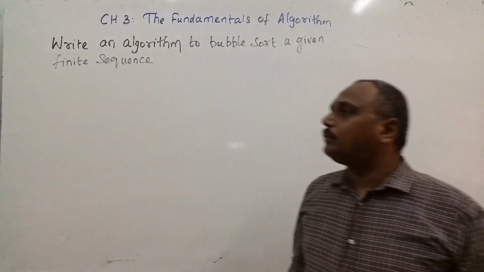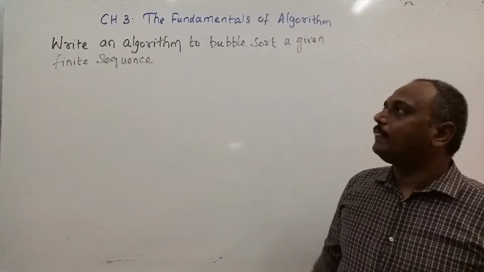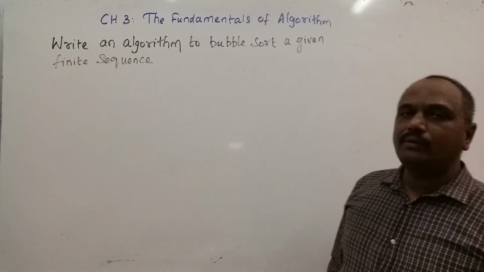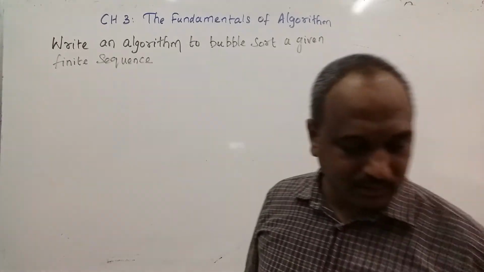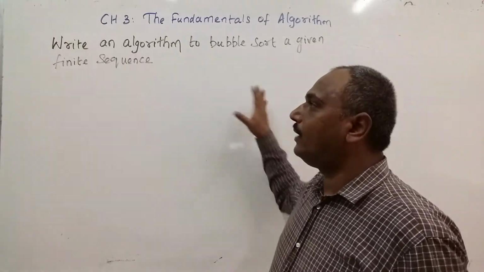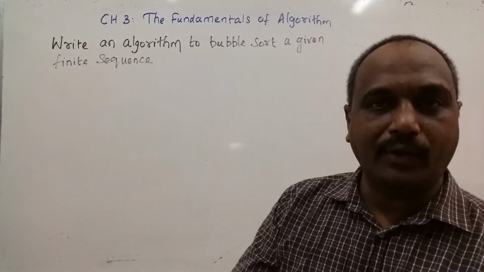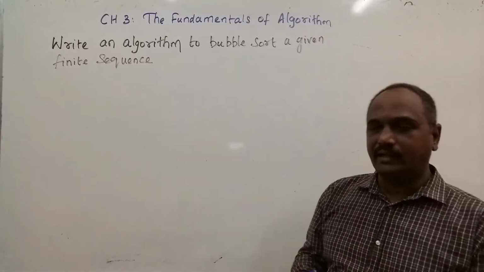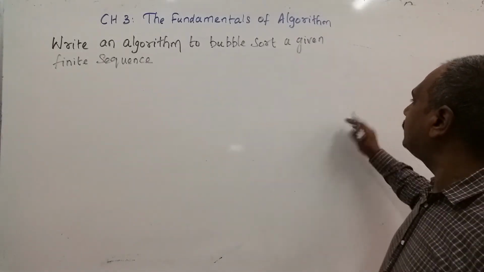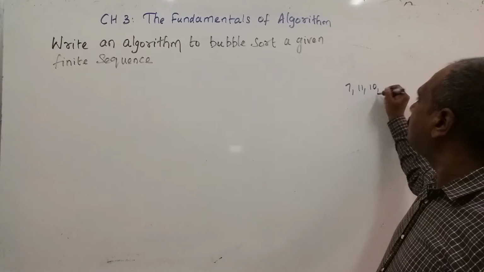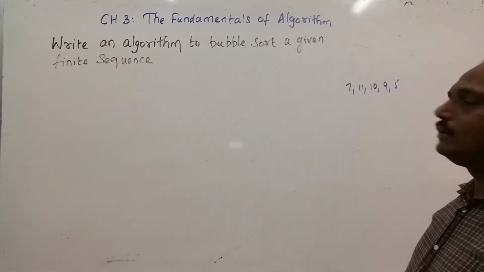Let me discuss one more problem or one more idea. Write an algorithm to bubble sort a given finite sequence. How is a computer system going to write a set of numbers in ascending order or descending order? For example, I have a set of numbers 7, 11, 10, 9, 5.